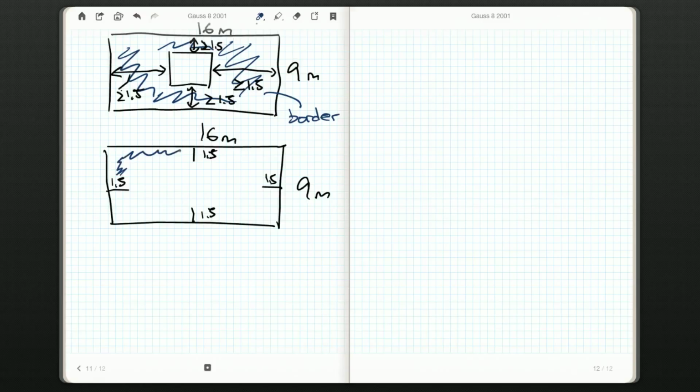So we need at least this sort of a border here. And if we just drew in our advertisement at this point, we get something very large.